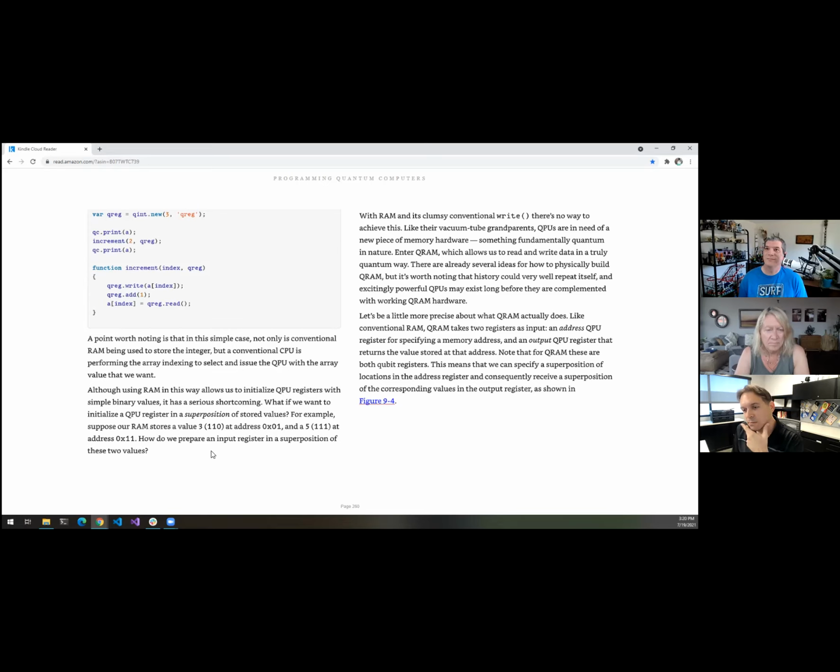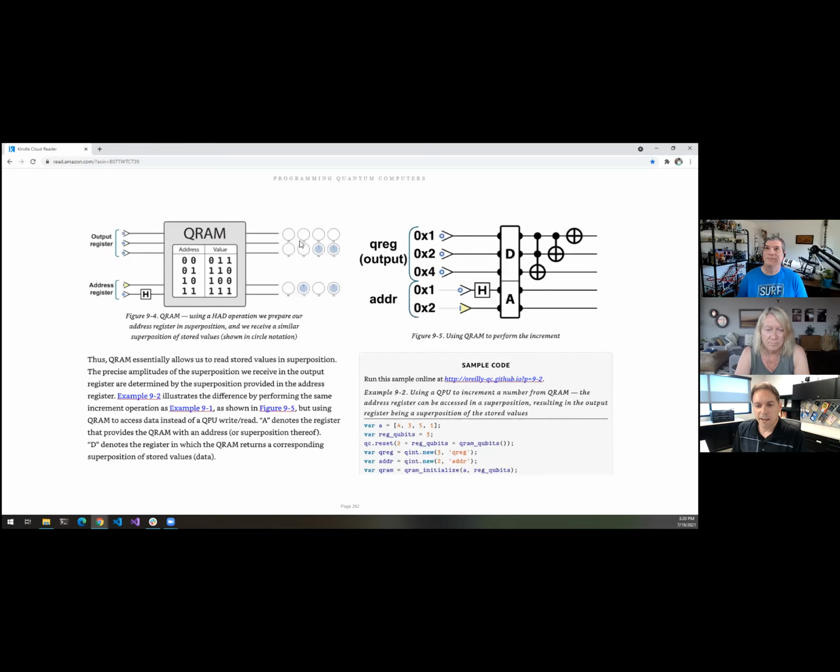How do we represent superposition? How do we get that in and out and do things like that? He's talking about, this is where we actually get into QRAM. The point of QRAM is you're able to represent items in superposition. Where I kind of fell apart here though is, and definitely I'd love to hear your thoughts.